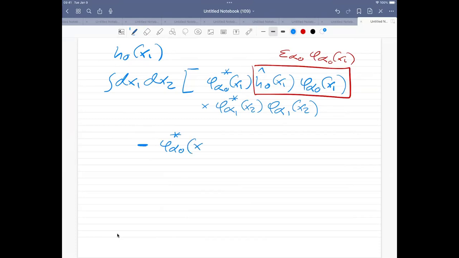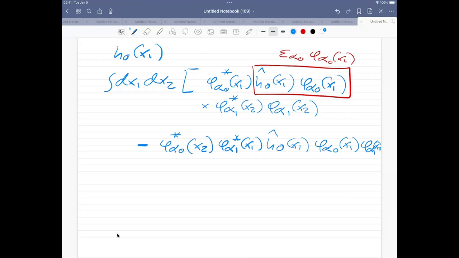And then we have x2 here, and then I have phi alpha 1 of x1. And this is multiplied with h0 of x1, and then I have phi alpha 0 of x1 and phi alpha 1 of x2.